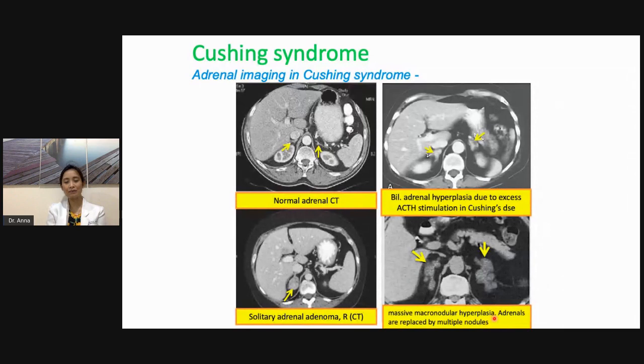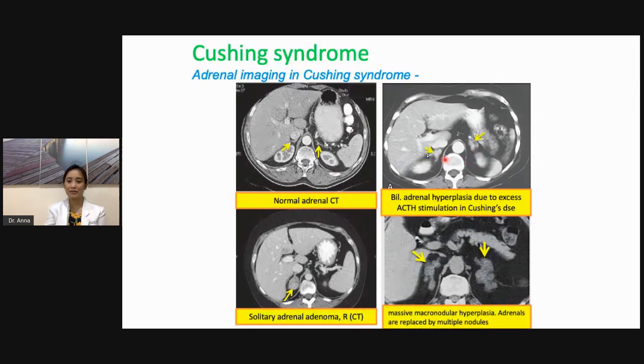How about this one? This one is Cushing syndrome from the adrenals. This is ACTH independent Cushing syndrome. So you will see in a normal adrenal CT, you have your small adrenal glands. Usually it's Y-shaped, L-shaped, very small. So if you have a patient with bilateral adrenal hyperplasia due to excess ACTH stimulation in Cushing's disease, you can have enlarged adrenal glands.